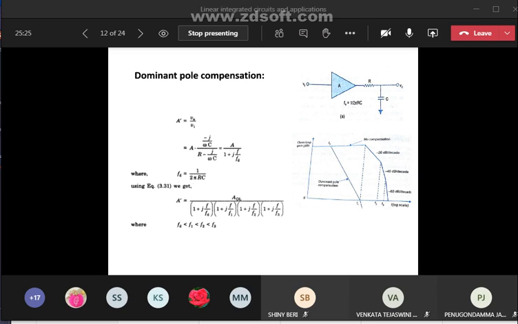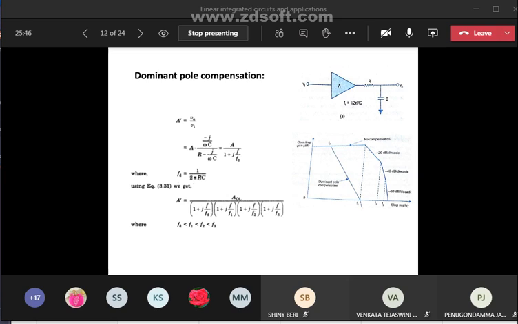From this point it decreases by another minus 20 decibels per decade, right? So here we get minus 40 decibels per decade. At this break frequency again we are getting minus 20, so total minus 60 decibels per decade.